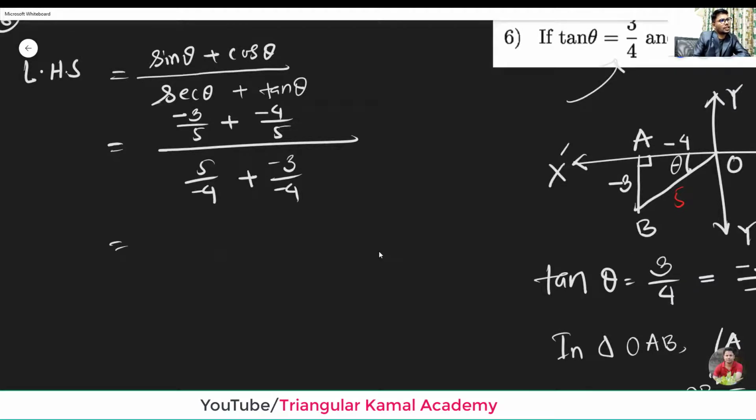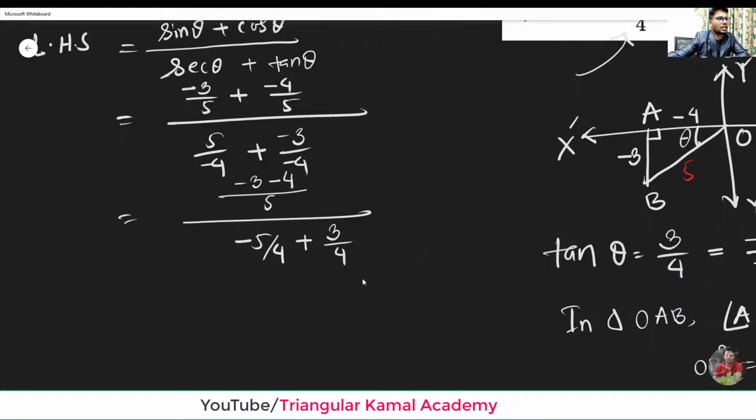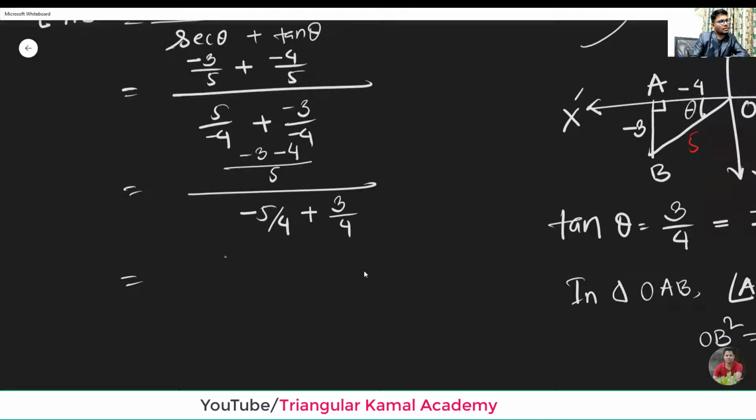In the numerator, if we take 5 as LCM, there will be minus 3 minus 4, and in the denominator we can write minus 5 by 4, plus minus minus plus, so we can write here 3 by 4. In the upper portion, if we do the calculation, minus 7 by 5. But here we can take LCM 4, minus 5 plus 3.